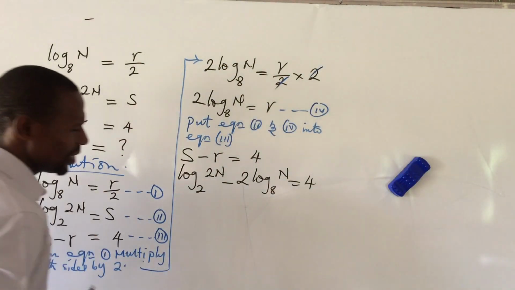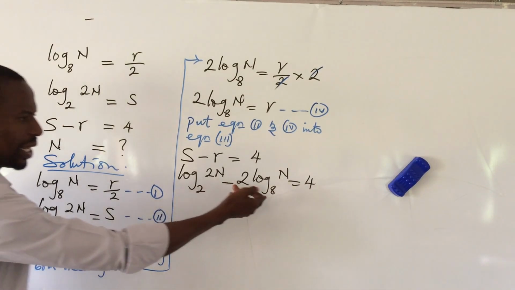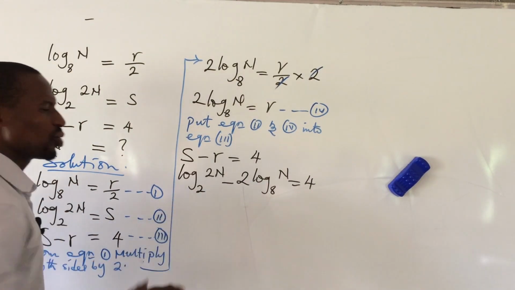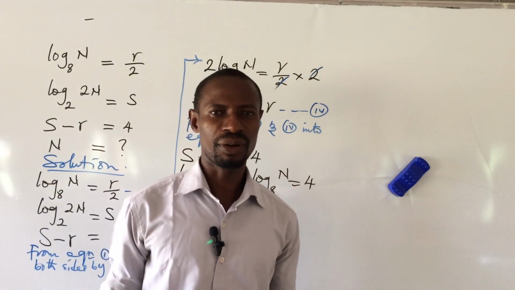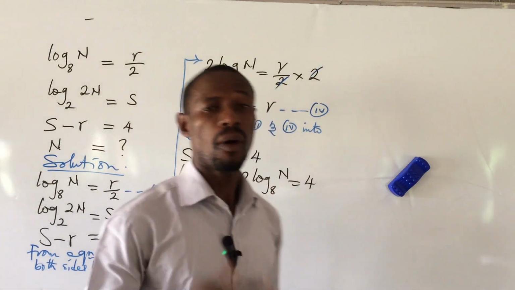So let's proceed. Here we are having the smallest base 2. Here we are having 8. So we can bring this base to 2. And so we succumb to the law of logarithm known as the change of base law. What does it say?